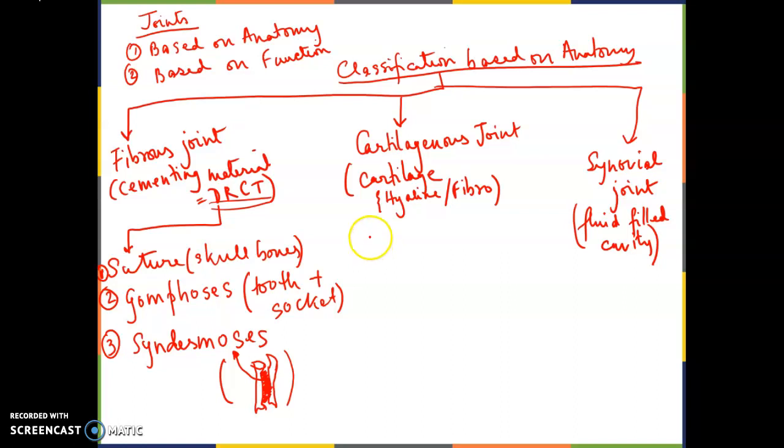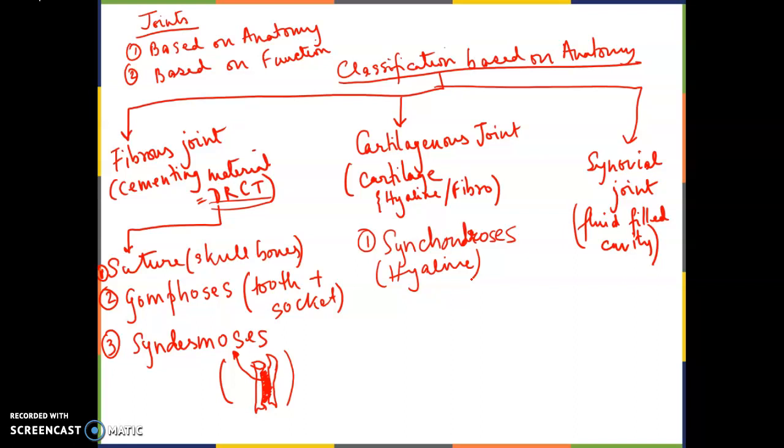The first one is called synchondrosis, S-Y-N-C-H-O-N-D-R-O-S-E-S. In case of synchondrosis, there is a hyaline cartilage between the articulating bones.